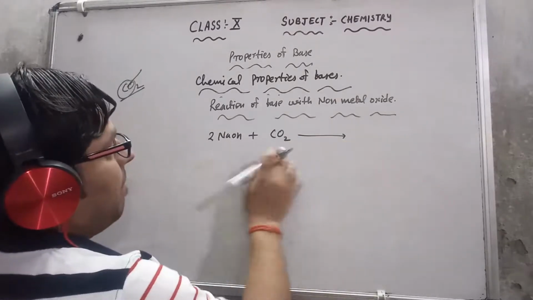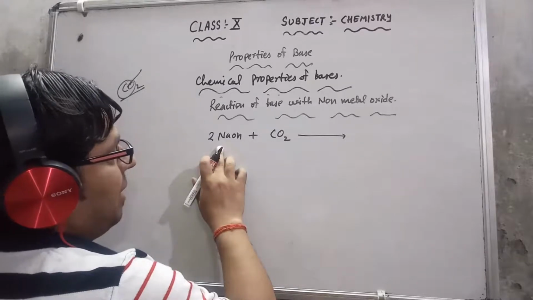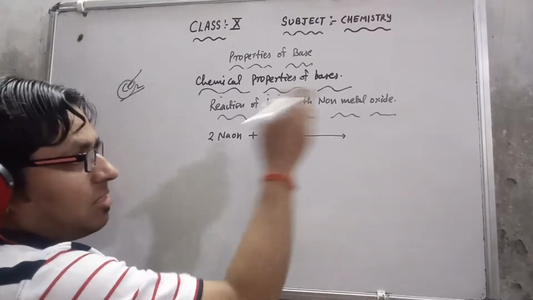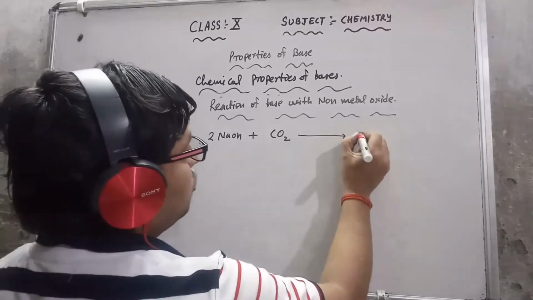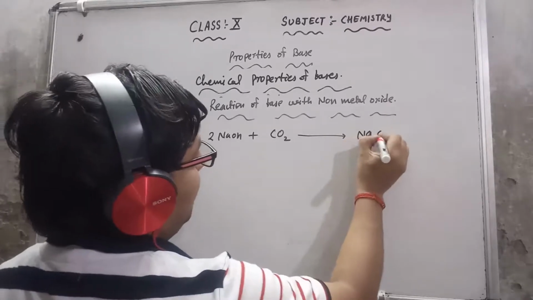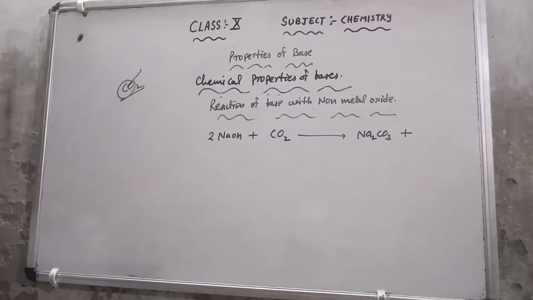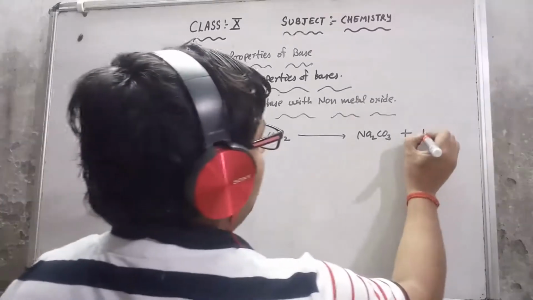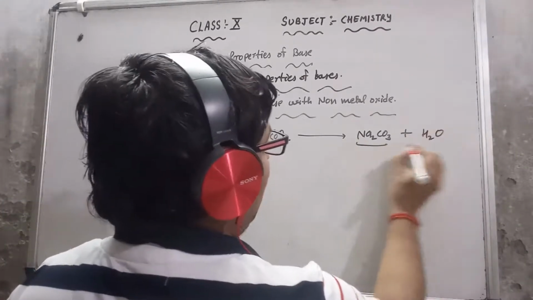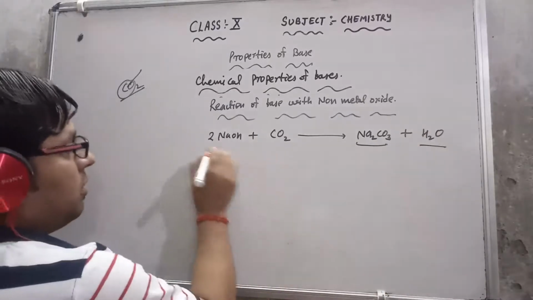Whatever base is used, its carbonate will be formed. So this is sodium carbonate, the formula is Na2CO3, and after that it gives us the water molecule. This is a salt, this is water.